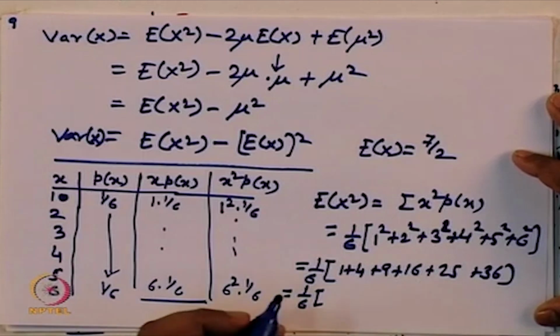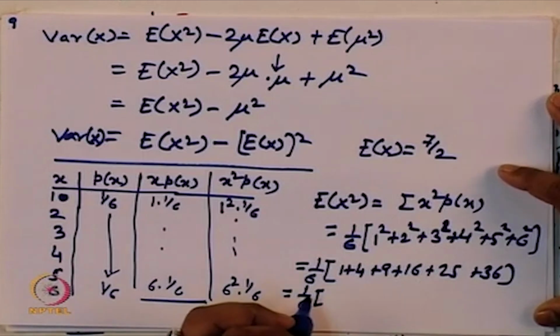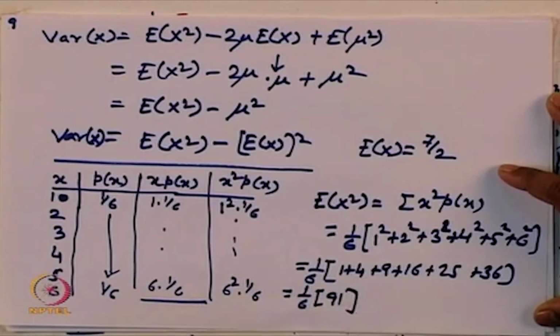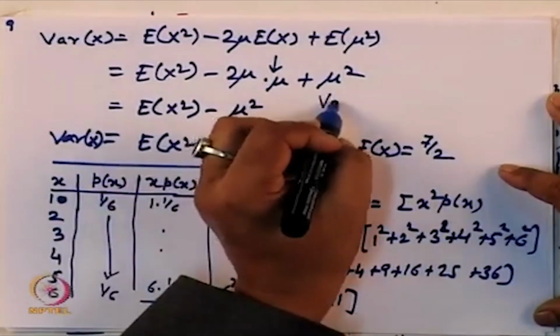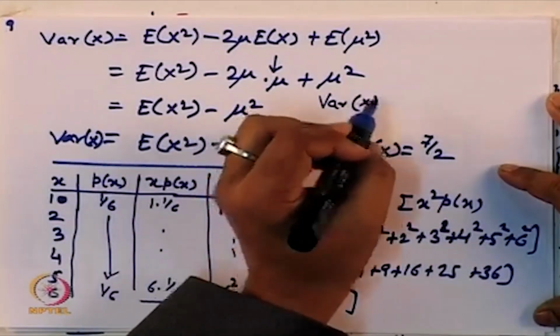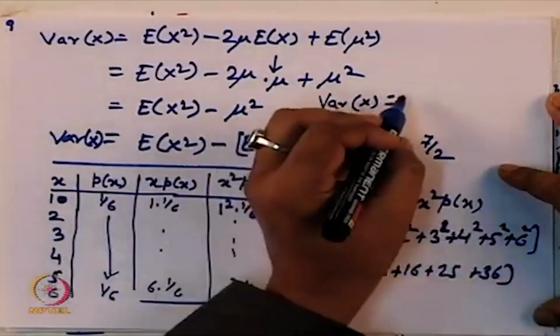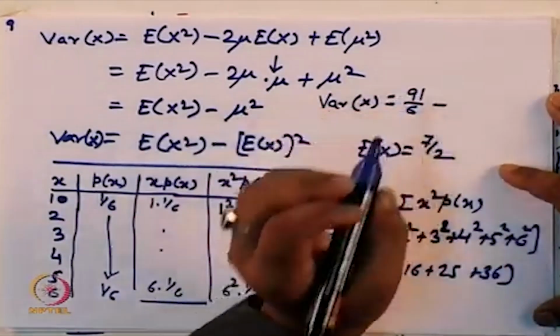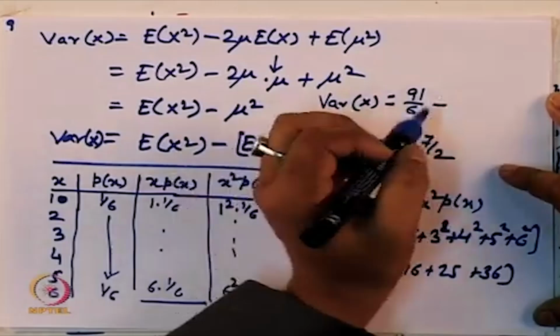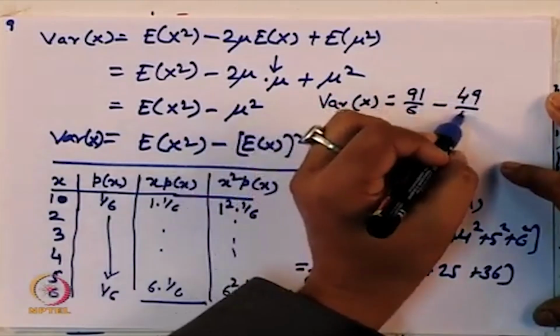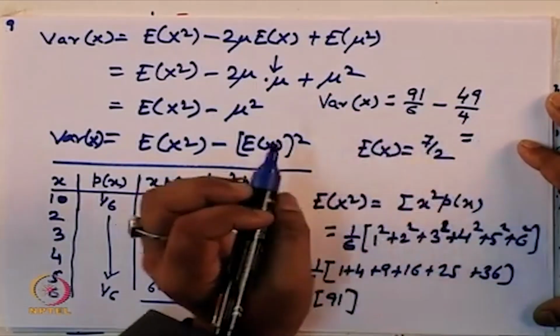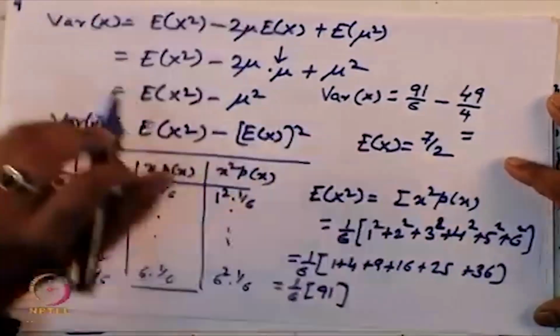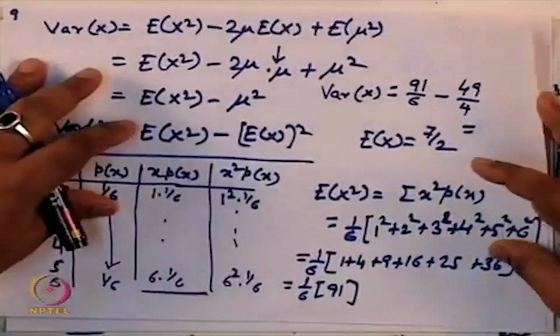Okay. So, your variance of x will turn out to be 91 by 6 minus (7 by 2) whole square, which is 49 by 4. Okay. So, you can simplify this and calculate the final value of variance.